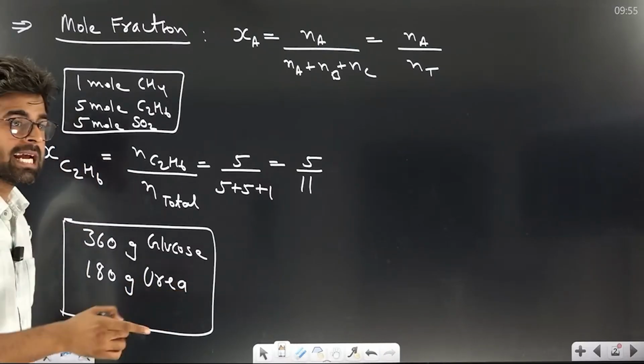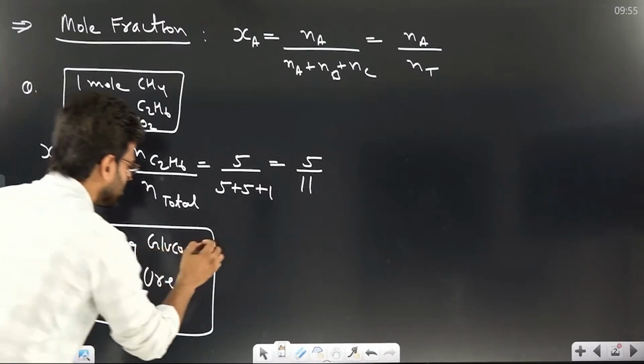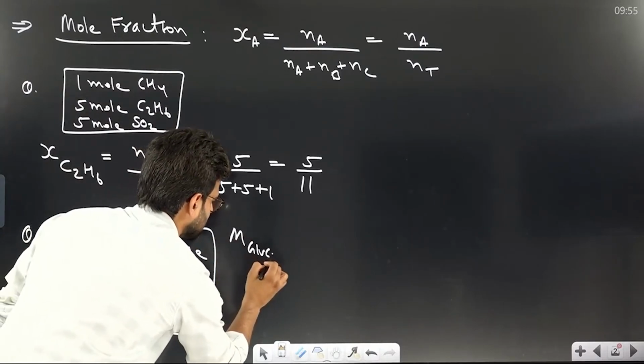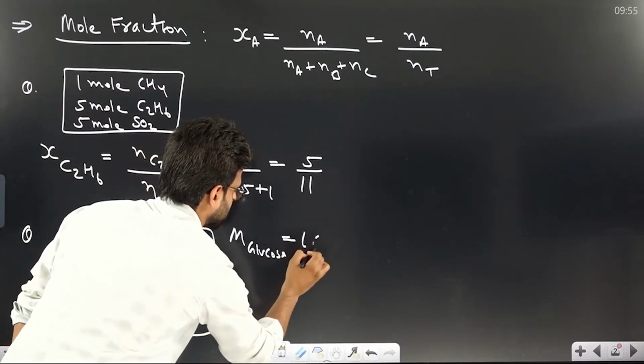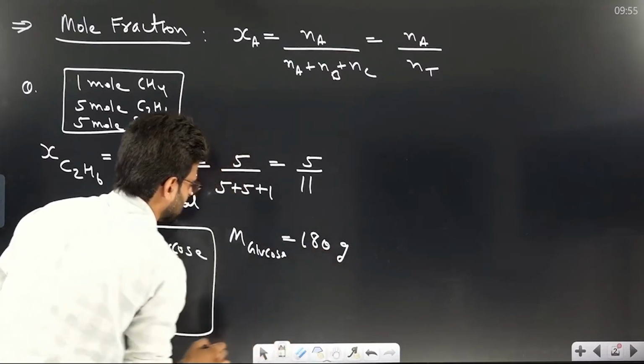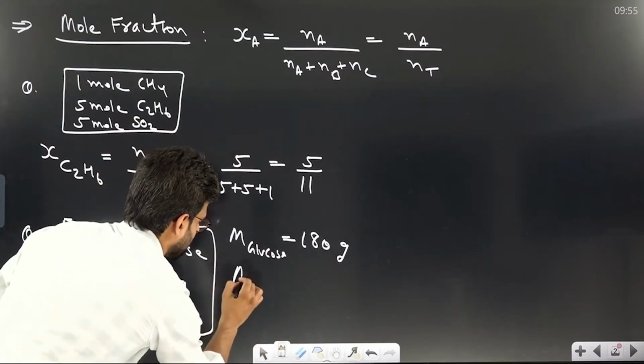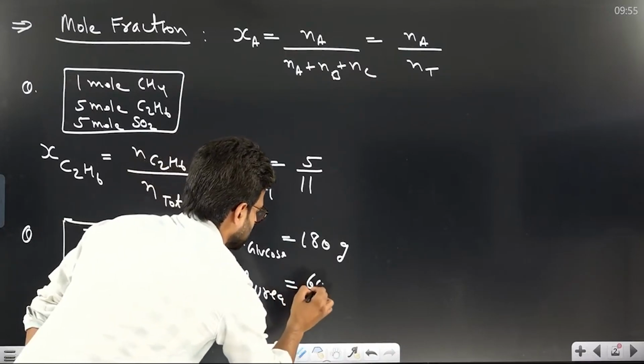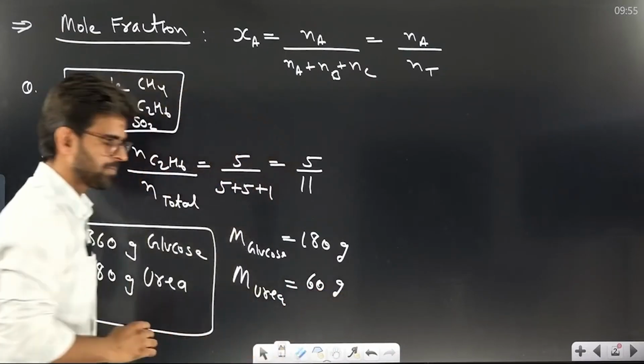And I am giving you the molar mass: the molar mass of glucose is 180 gram per mole, and urea molar mass is 60 gram per mole.